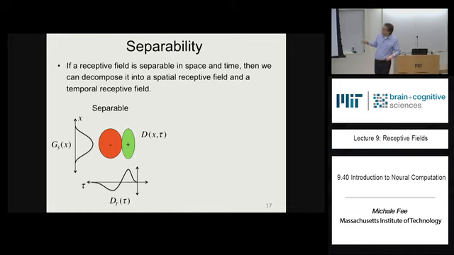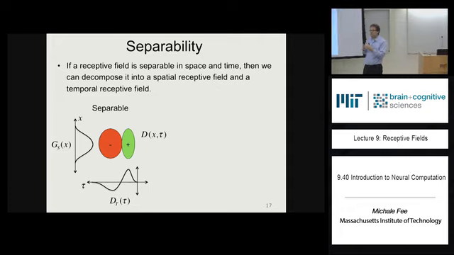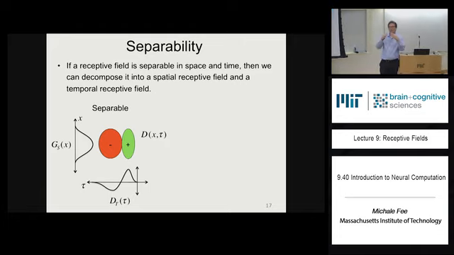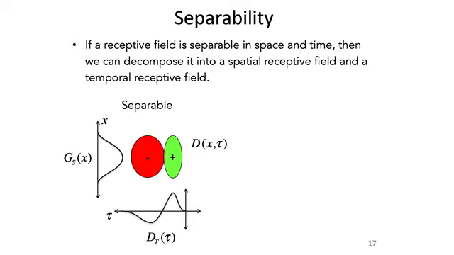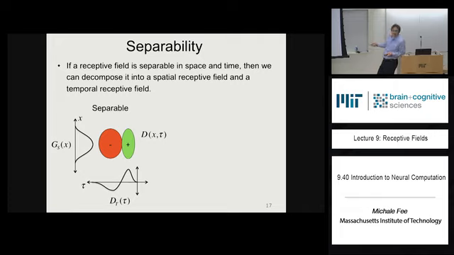So what does separability mean? If a receptive field is separable, it means that you can write down a spatial receptive field and a temporal receptive field separately. Imagine you have a spatio-temporal receptive field D that's a function of position and time. You can write it as a product of the spatial part and the temporal part.